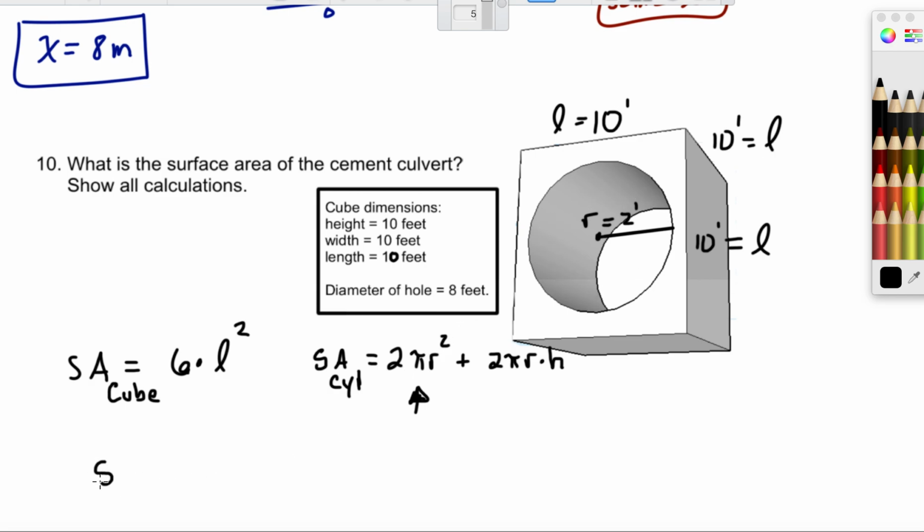So the surface area total here is going to be the 6 sides of our cube minus the 2 circles that are cut out, plus the curved interior part of the culvert that folds out to be a rectangle.